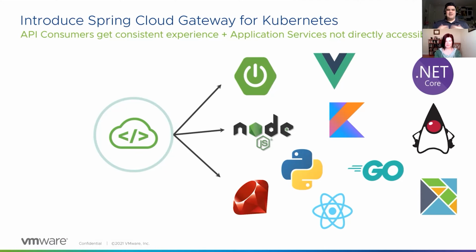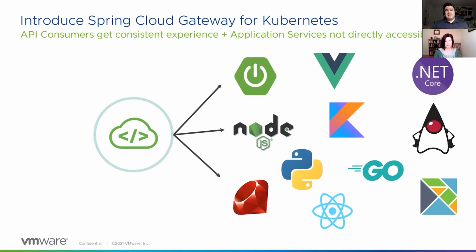So what we're trying to do here is provide the Spring Cloud Gateway for Kubernetes product to help with that API consumption. One of the things we want to do is remove some of those cross-cutting concerns out of the application code, thus reducing the number of times it's potentially duplicated. And also probably there's some differences between them which causes some errors.